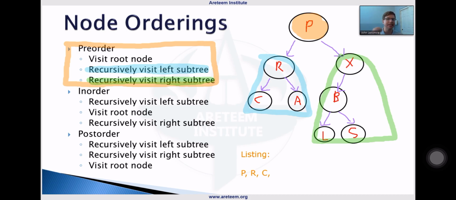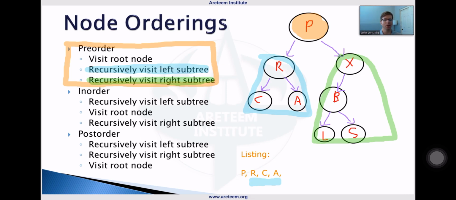So after the C, we get our first finishing of this recursive left subtree stuff, and then we move to the right subtree to print out A. And so at that point, we've completed the left subtree, and by left subtree, I mean the left subtree of our original root. So we're printing R, then to the left, C, then to the right, A.